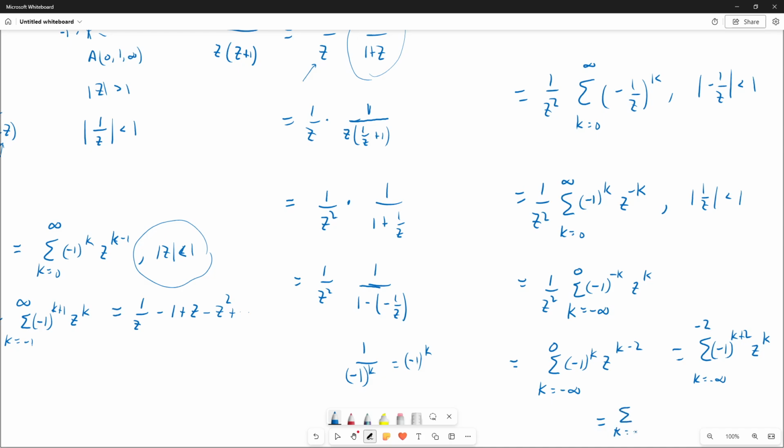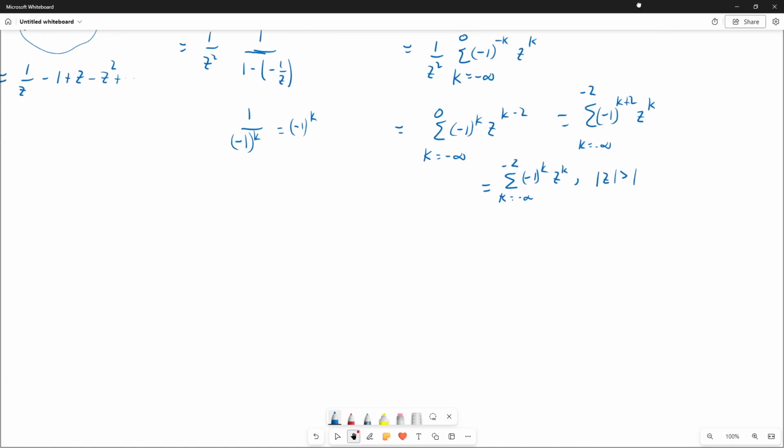So k goes from -infinity to -2, -1 to the k, z to the k. And this is valid as long as the modulus of 1 over z is less than 1, which is the same as the modulus of z is bigger than 1. And that is our second annulus here, center 0, inner radius 1, outer radius infinity.